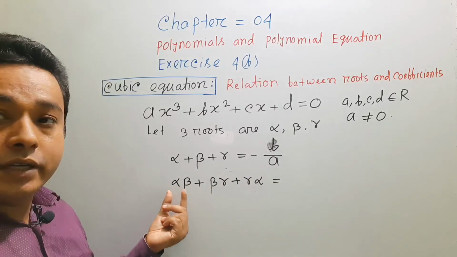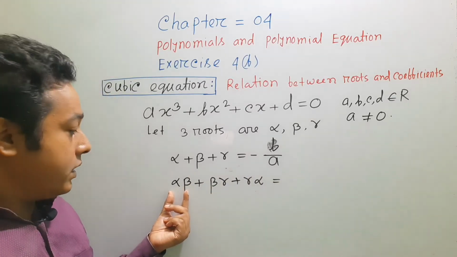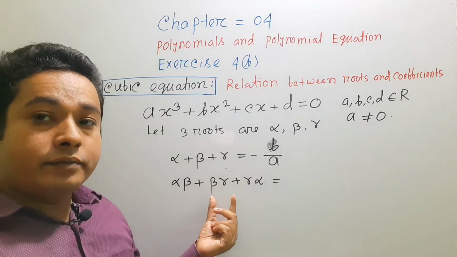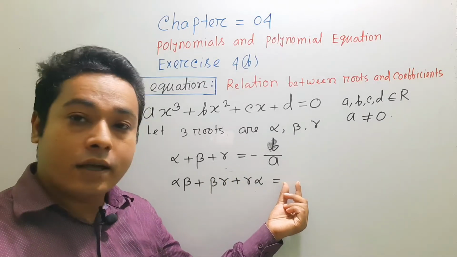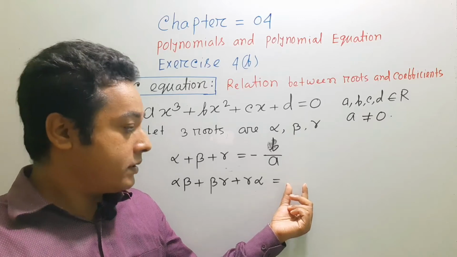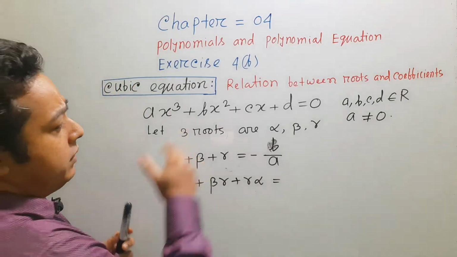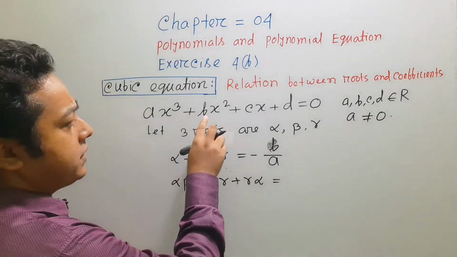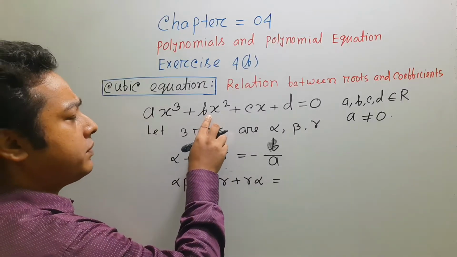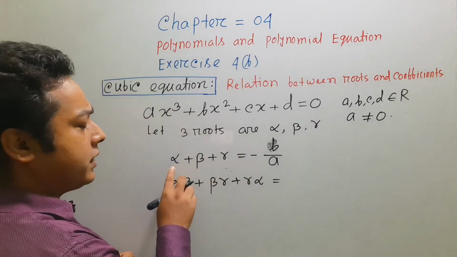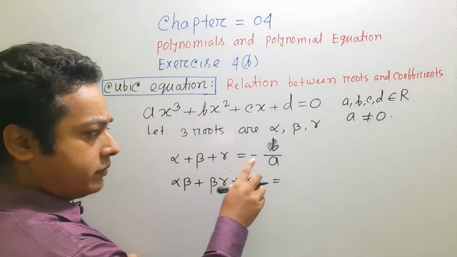Taking two roots, this is an even number, and that's why the sign is plus. At first the second term's coefficient divided by the first term's gave the sum of roots taking 1.